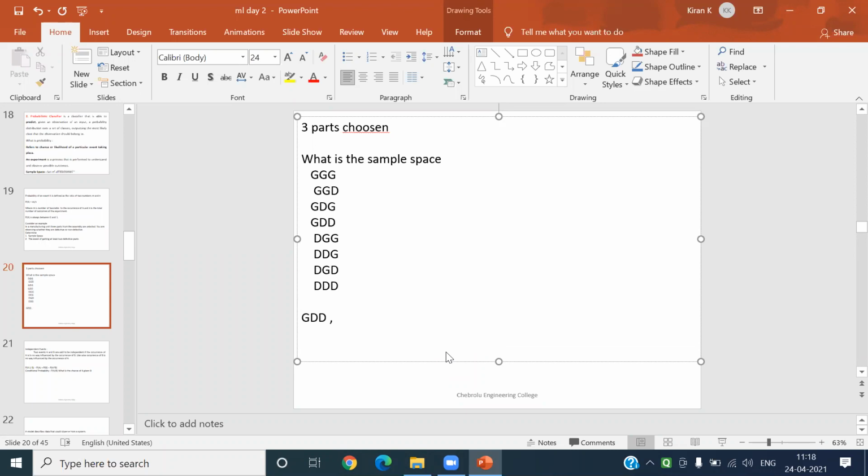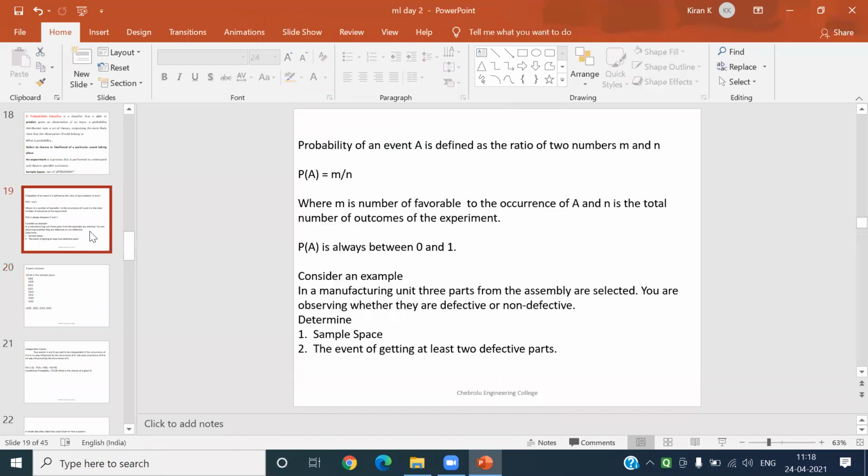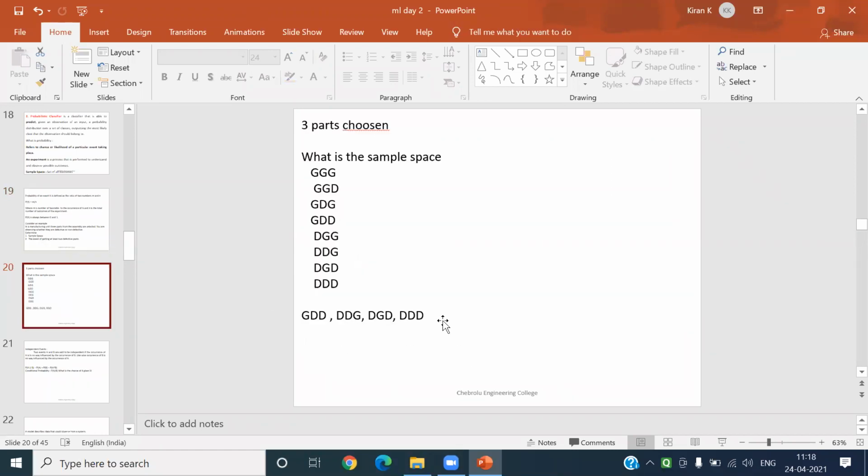So we write GDD as one, DDG as another, DGD as another, and DDD. These are all the four possibilities where our problem comes into existence: the event of getting at least two defective parts.